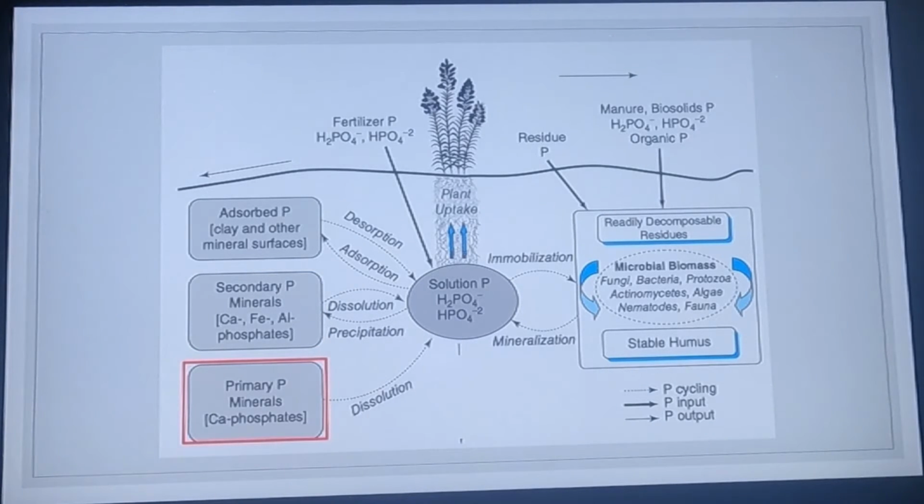And then finally we have those primary P minerals, typically going to be like calcium phosphates of some sort. Just know that it can either be adsorbed, form a secondary mineral, or form a primary mineral.